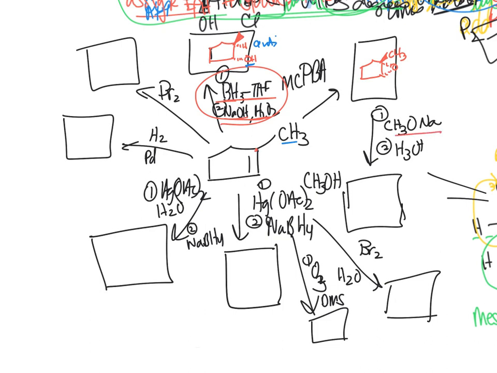What if you react this with sodium methoxide? So epoxide opening, it's basic, so it's going to go to the least hindered side. So that's going to give you OCH3, because it's going to come in from the top. And then that's going to force that to go like, nope.